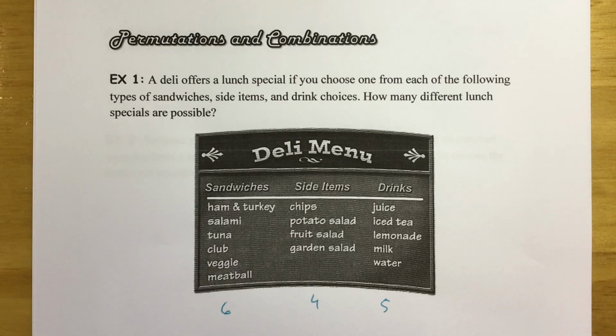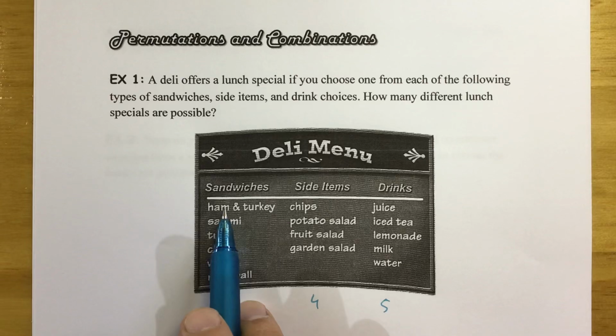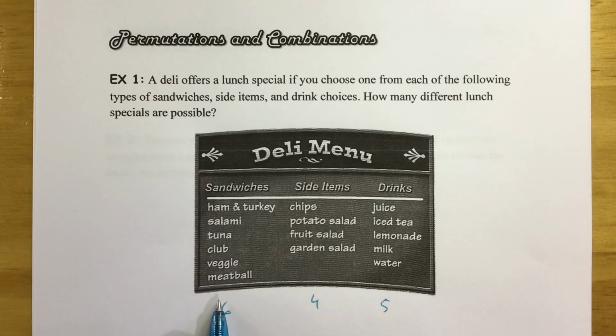But you have all these different possibilities of how you could choose. So we're just asking how many different ones can you choose? The whole question could also be turned into probability, like what's the probability that you do choose this, this, and this? Try and figure out the total number of possible specials you can make. Think that I've got 6 sandwiches.